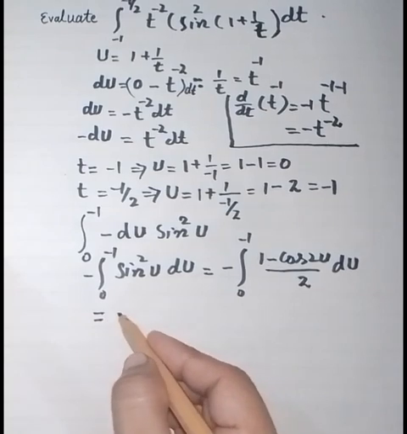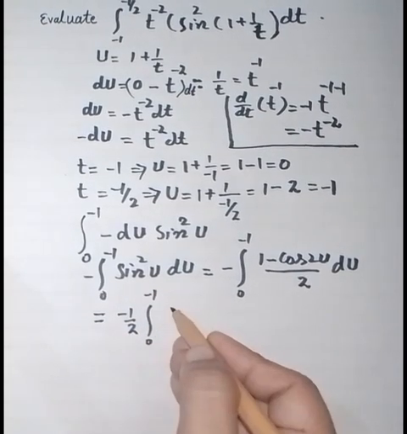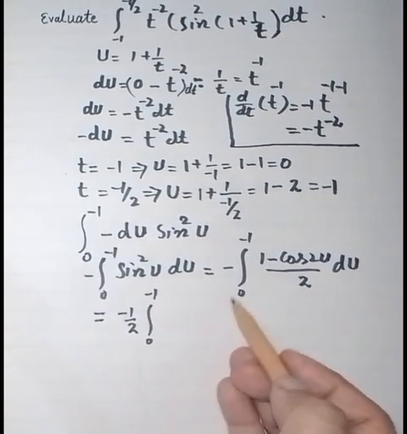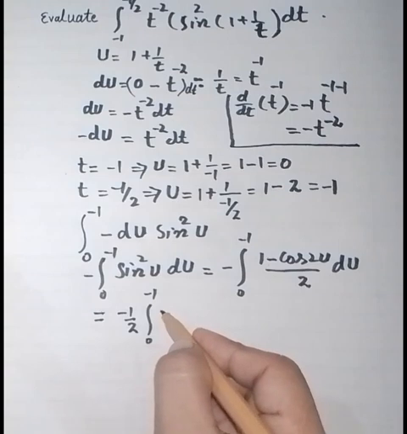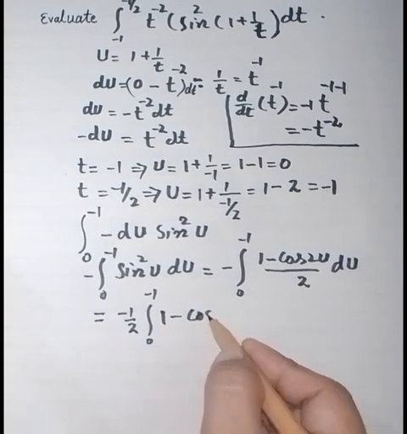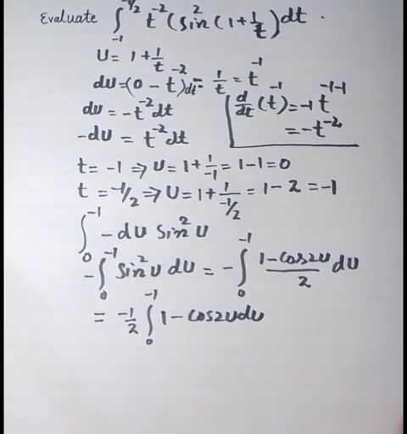It will be equal to negative 1 by 2, 0 to minus 1. We have taken just 1 by 2 common. So it will be 1 minus cos 2u du.